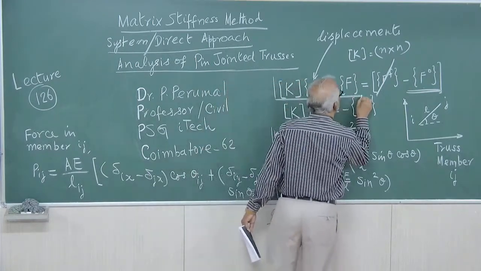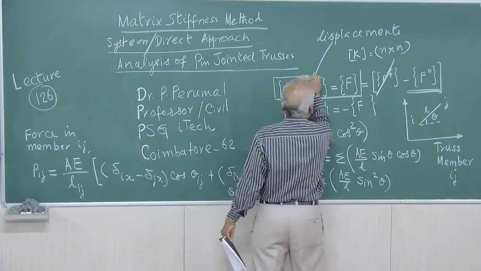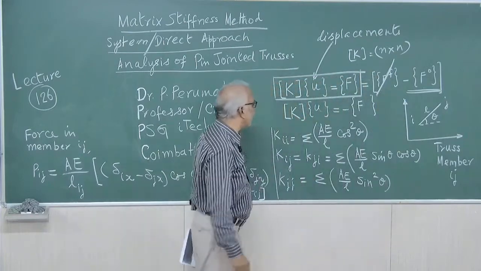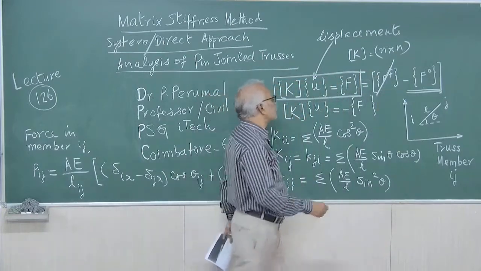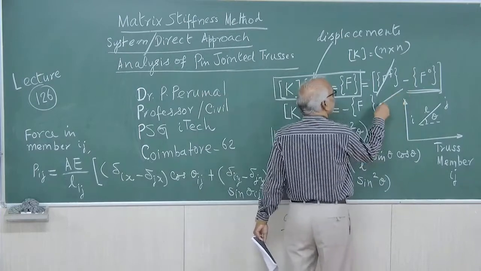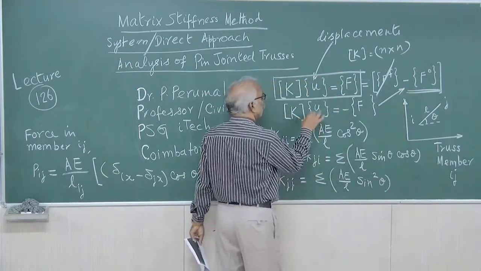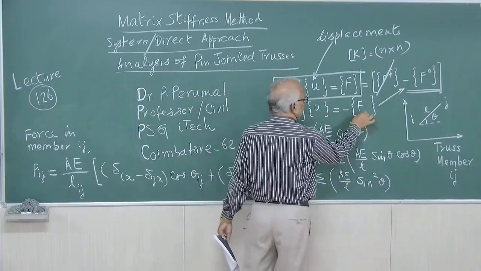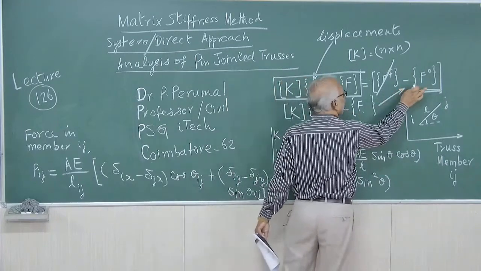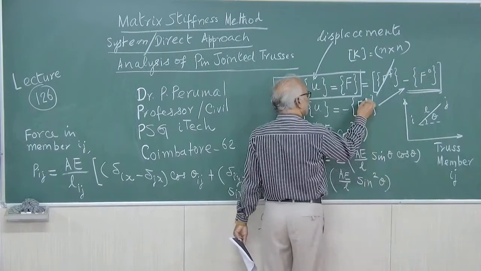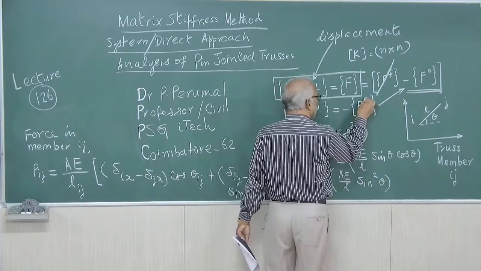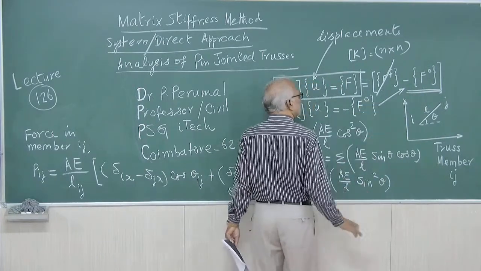In the earlier analysis, we used the formula K into U equal to F. Here also the formula is the same. Only thing is, we are going to consider only the second term. Therefore, the formula will be K into U equal to minus F. Actually, this is F naught only, resulting from the fixed end moments.